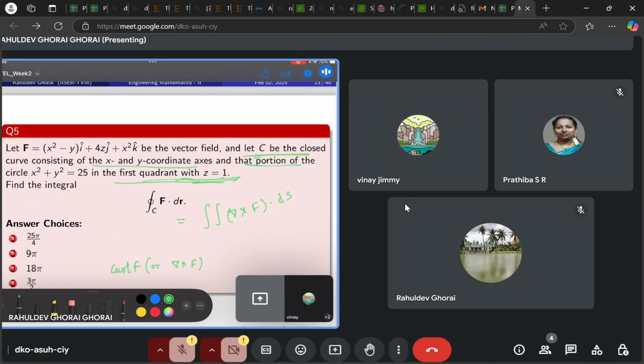axes and the portion of the circle in the first quadrant with z equal to 1.